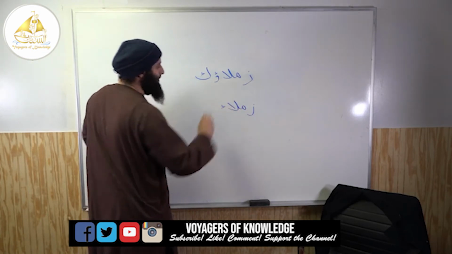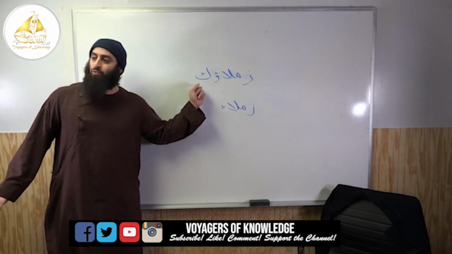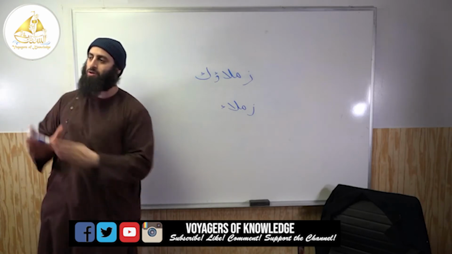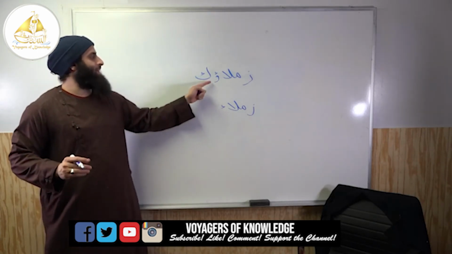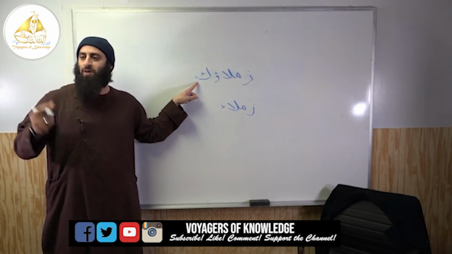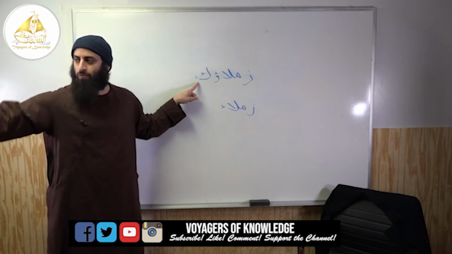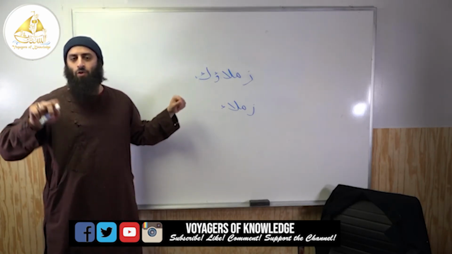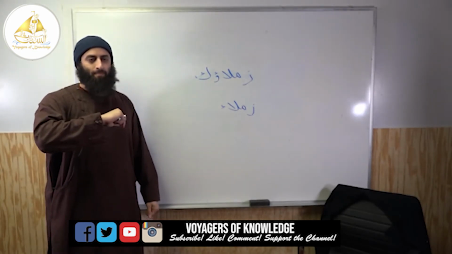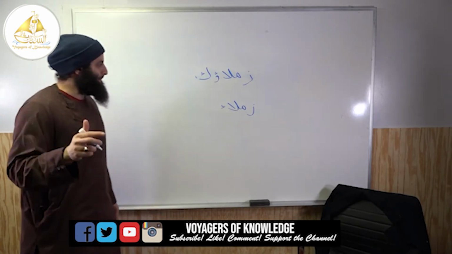Zumalaun. That's normally how it is, right? When this kaf came in, what did it come in to do? Yours. It came in to say your classmate. What if I say zumala'i? My. Zumalaukum. All of your classmates. Zumalauhu. Zumalauhum. Their classmate. You guys getting the use of that? Is that clear?